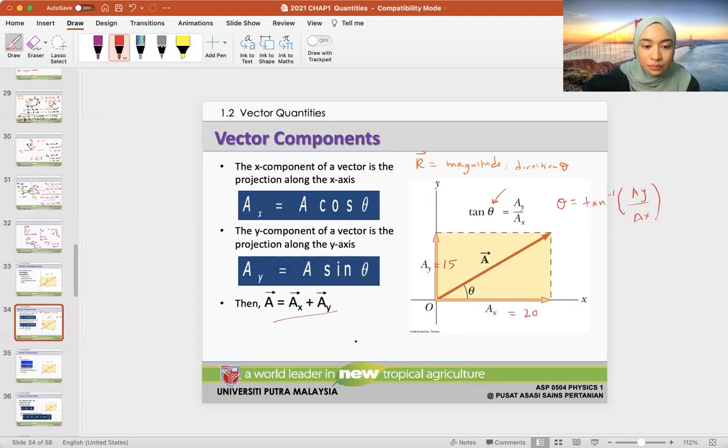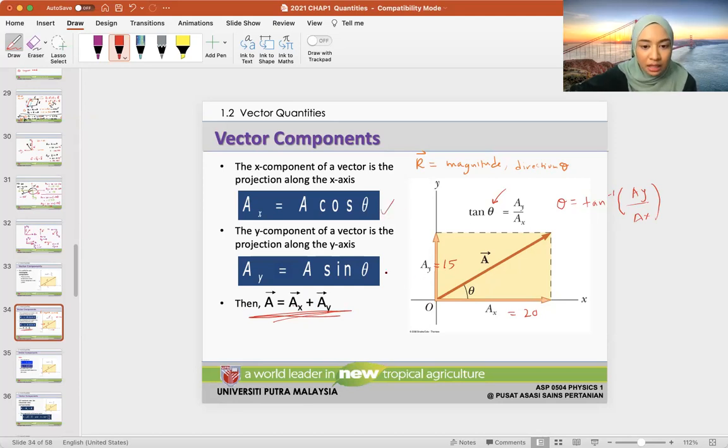The A there is a vector, it just shows the direction. It just shows addition of vectors. In terms of magnitude, we haven't gotten there yet. But true, the question is valid. We want to know the direction, we want to know the magnitude. But in this case, this equation does not give us the magnitude, right? It does not give us anything actually. It's just an expression to show that your AX and AY give you A, but it does not give you the magnitude.